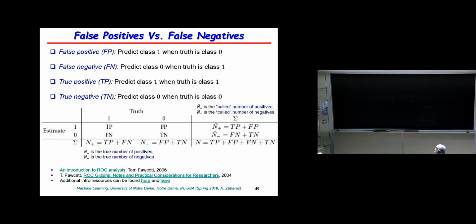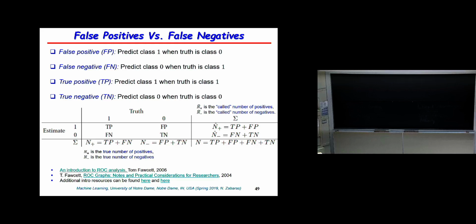All right, so what you usually do, especially in the context of binary classifiers, is come up with a matrix that accounts for all of these things, the labels that you see up here: true positive, false negative, true negative, and the sums of the different configurations. So what you see on the horizontal row is the truth, that's y, and on the vertical is what the estimator gives you.